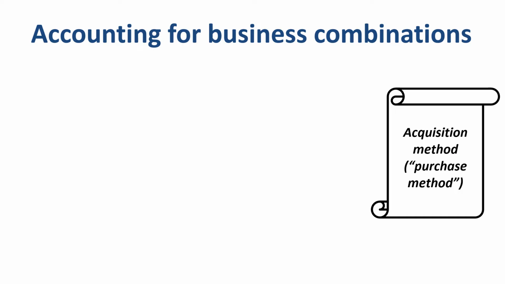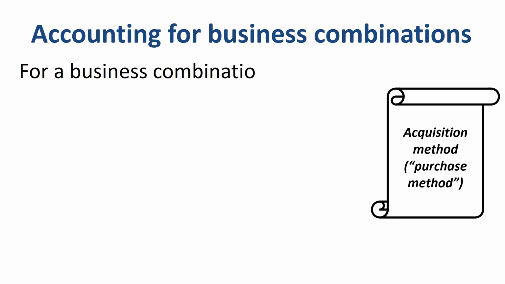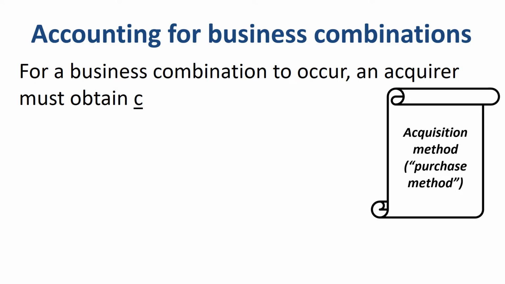The starting point is that for a business combination to occur, an acquirer must obtain control over a business. US GAAP and IFRS define control differently, and both get quite technical in the requirements. For this discussion, let's highlight that one of the main criteria for control under US GAAP is the power to direct activities.